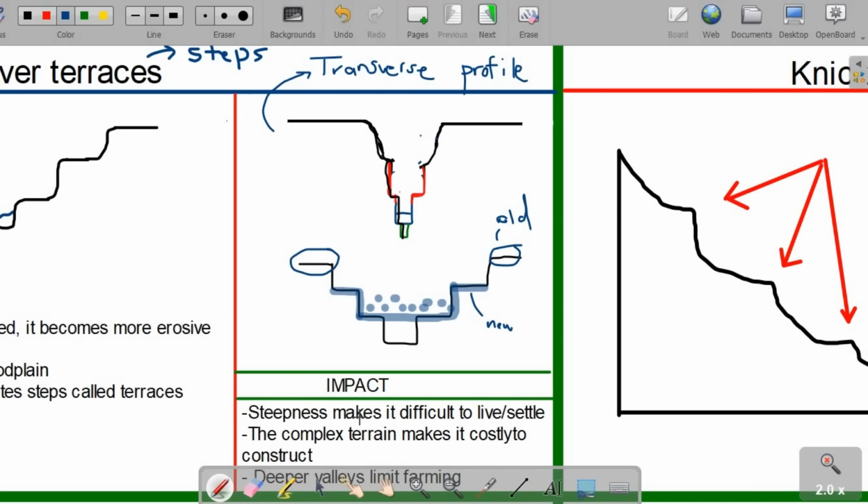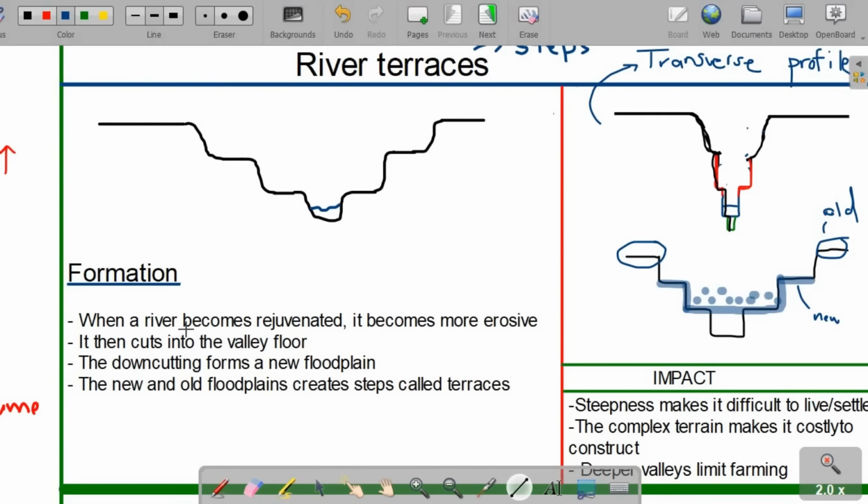So how do you write it down then? When a river becomes rejuvenated, it becomes more erosive. I think that's important to note. It then cuts into the valley floor, and the down cutting will form a new flat plane.